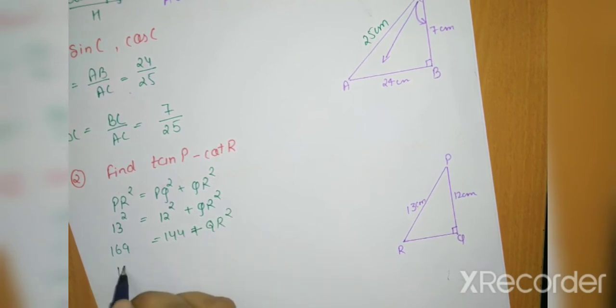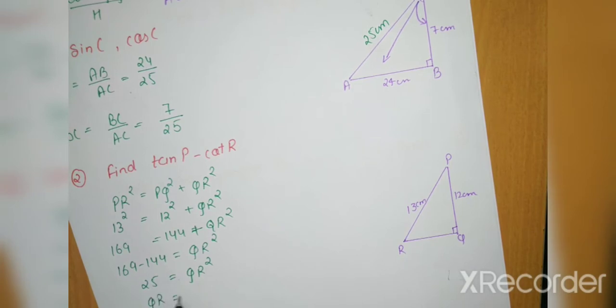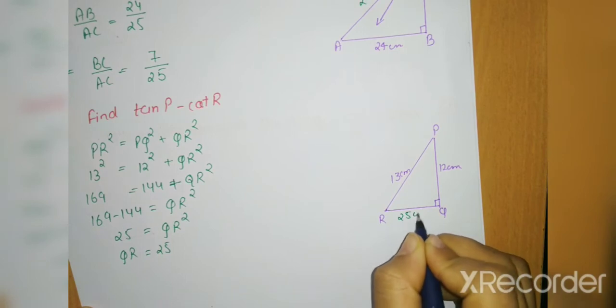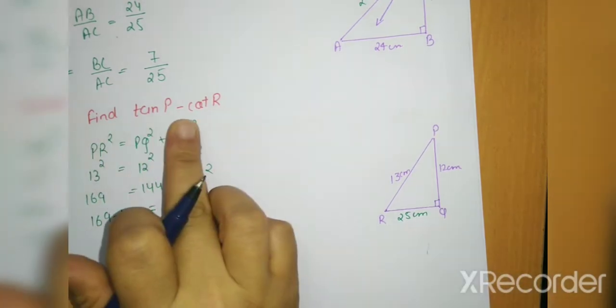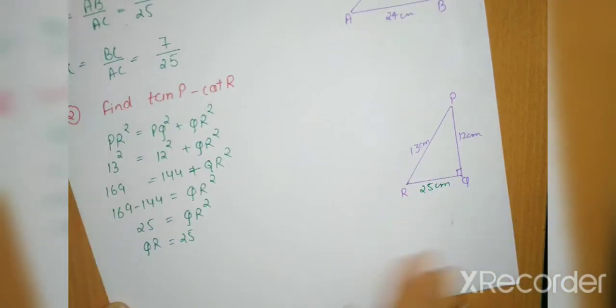It becomes 169 minus 144 is equal to QR square. I get 25 as QR square. Now for tan and cot, I should know the perpendicular and base, and now I have them.